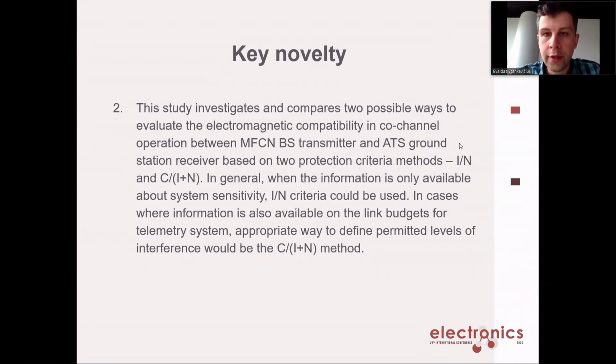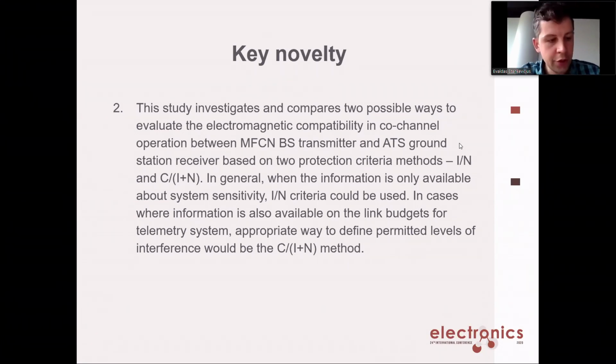Those criteria are more precise, more appropriate, because, for example, if you have the sensitivity of the telemetry system, the ATS system, you can use the I over N criterion. And if you have the permitted, acceptable minimum level of receivable signal strength of the ATS receiver, you can use the C over I plus N.